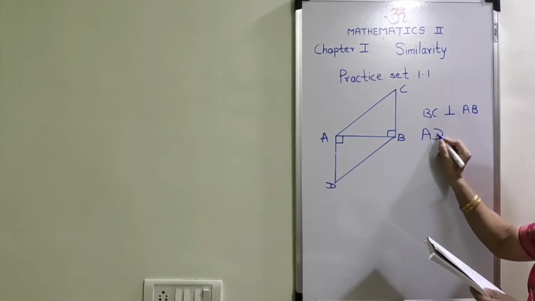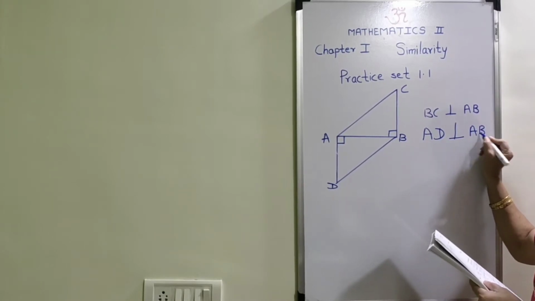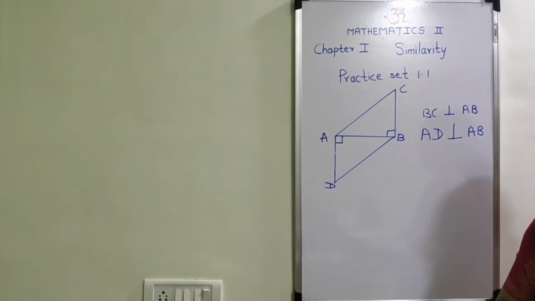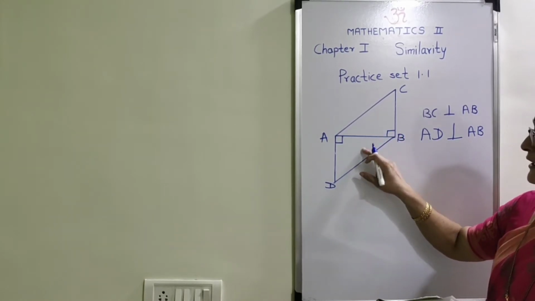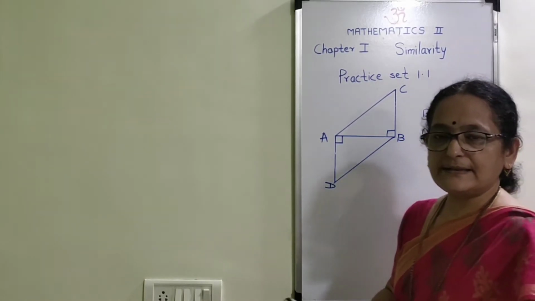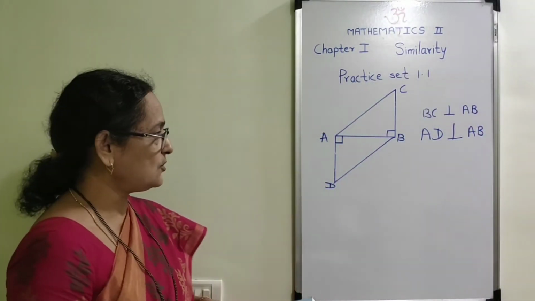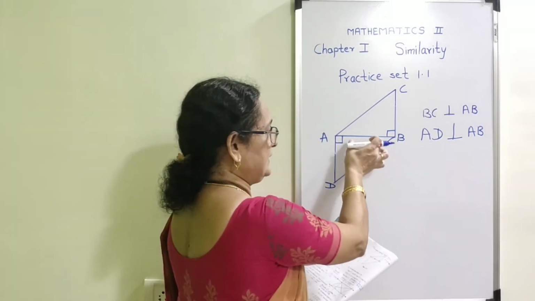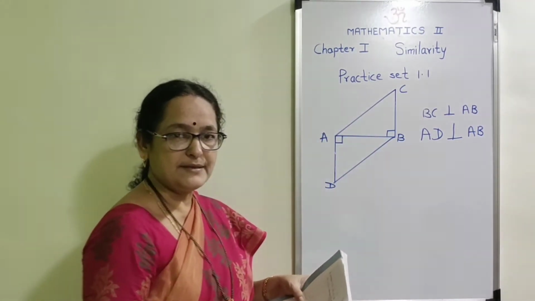Again, AD is perpendicular to AB. Now, if you observe this figure, then we can see that here in both the triangles, the segment AB is common. Segment AB is common, and therefore I can write that the two triangles are having common base.